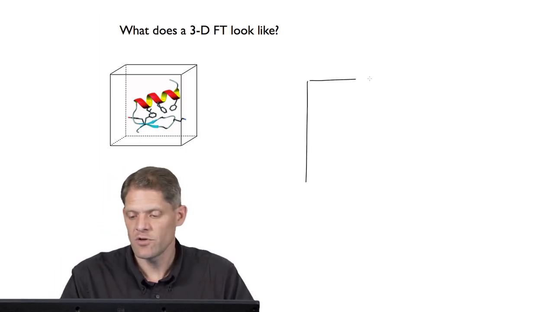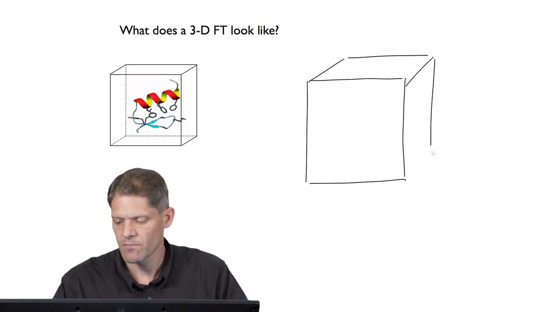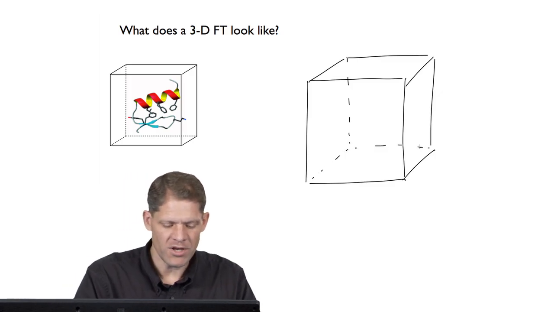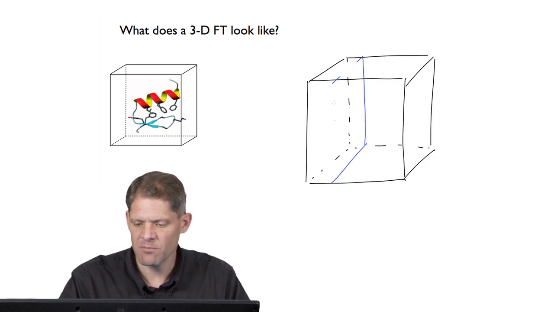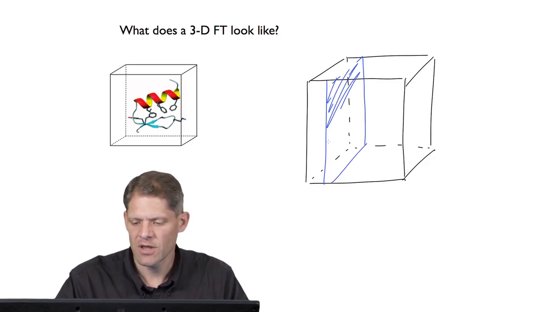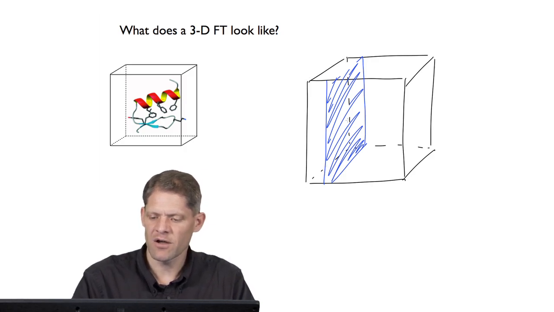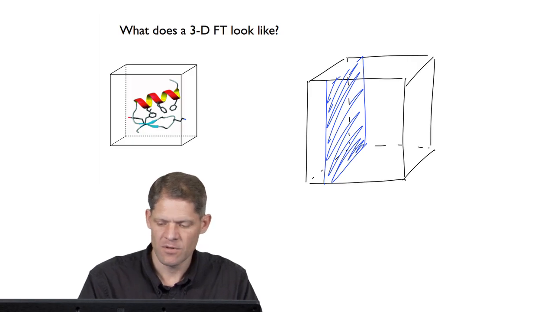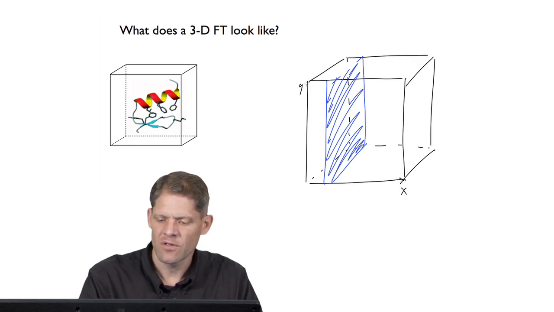Now, you can imagine another three-dimensional sine wave which would be traveling across the box in the other direction. This would be a sine wave that starts at 0 along the x equals 0 face of the cube, this being the x direction, this the y direction, and this the z direction.